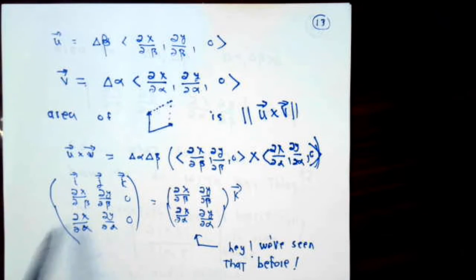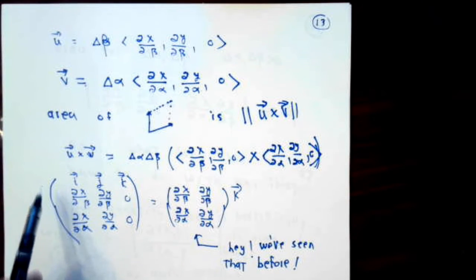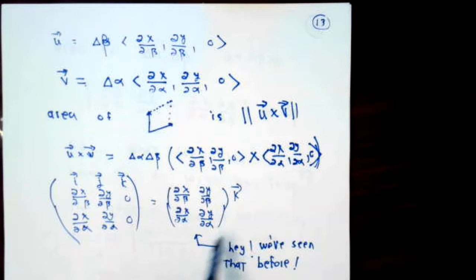This vector is also in the xy plane. You can do the calculations if you want, but it turns out only the k component amounts to anything. So knock out the row and column that has k in it. The cross product is the determinant of this quantity times the vector of length 1 that points in the positive z direction.